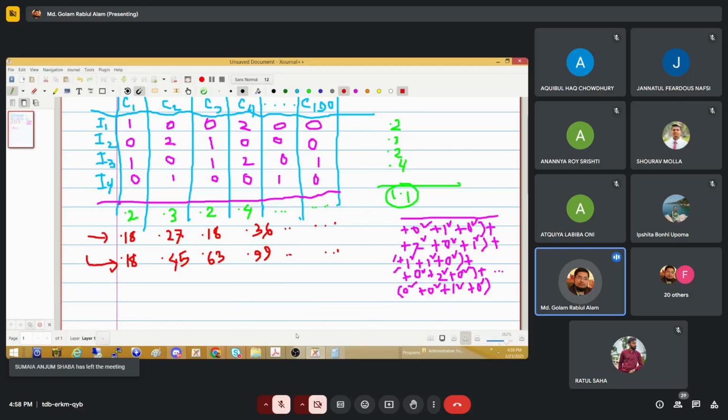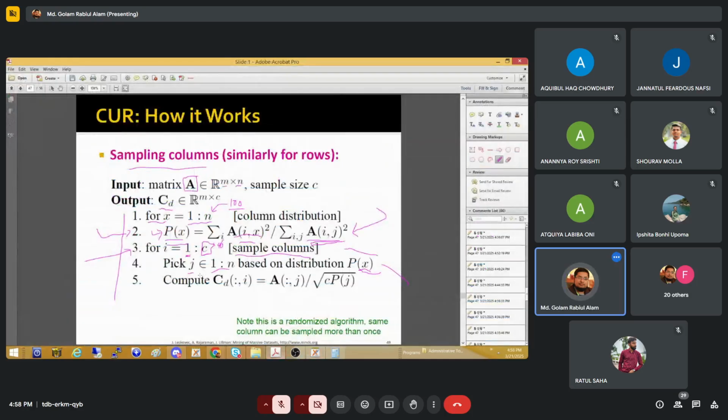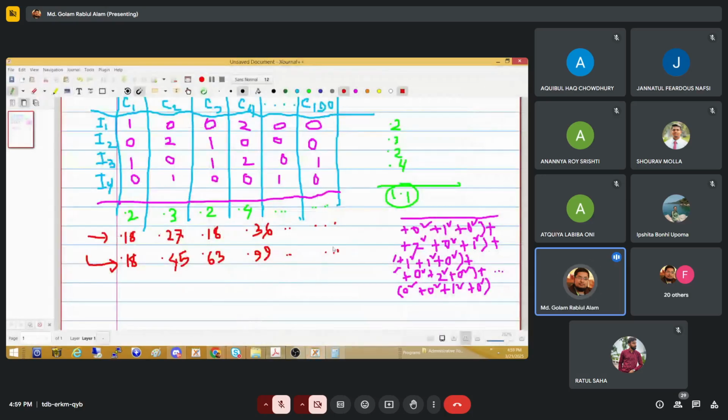Now we have to pick J within this column based on the distribution P of X. Following this distribution, we pick J. Maybe we can generate a random number, say 0.3 something.